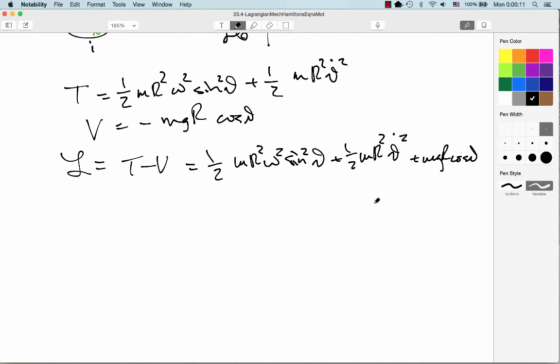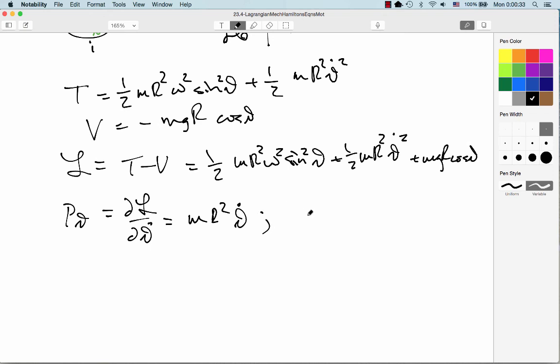Now let's find my generalized momenta so that I can get about trying to write the Hamiltonian. So my p theta will be partial L partial theta dot. That will be m r squared theta dot as before. That's good.